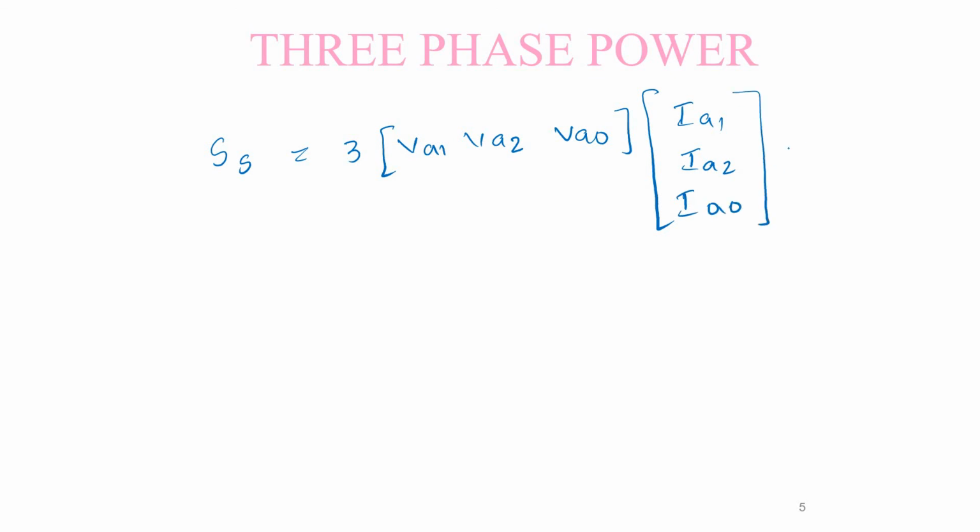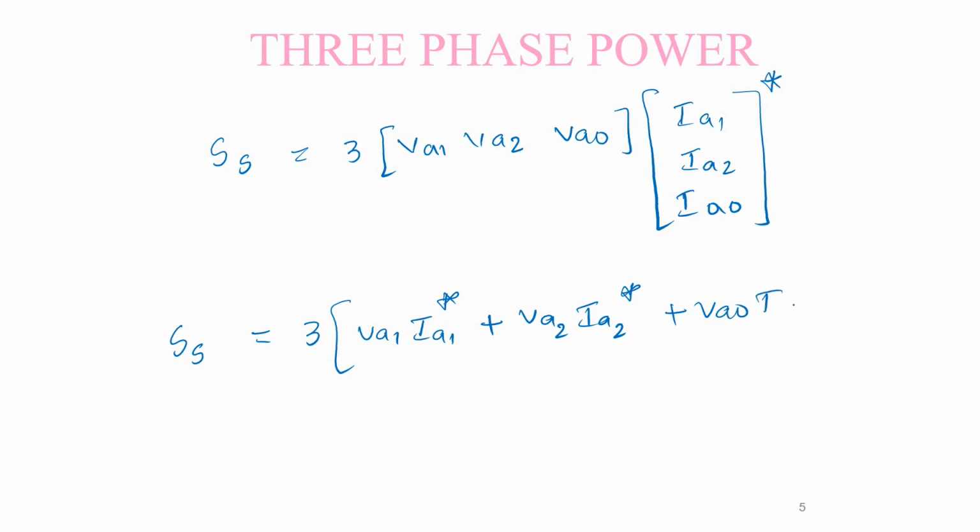The complex power can be represented as 3 times VS transpose, that is Va1, Va2, Va0, into Ia1, Ia2, Ia0 whole conjugate. So finally, complex power in terms of symmetrical components can be written as Va1 into Ia1 conjugate plus Va2 into Ia2 conjugate plus Va0 into Ia0 conjugate.